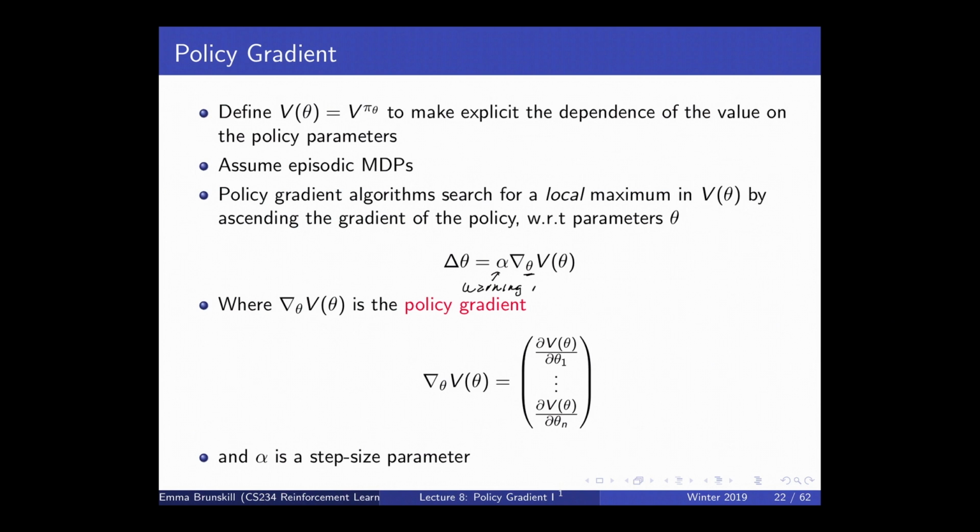This should look very similar to Q and V based search. The main difference is that instead of taking the derivative with respect to parameters that define our Q function, we're taking it with respect to the parameters that define our policy.